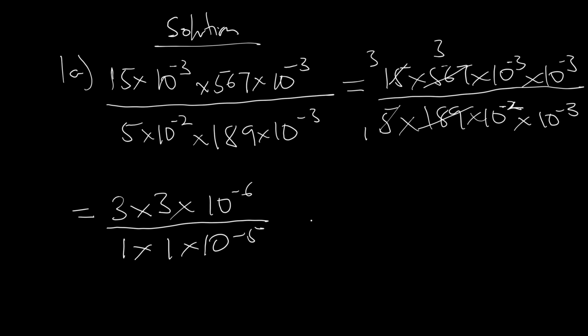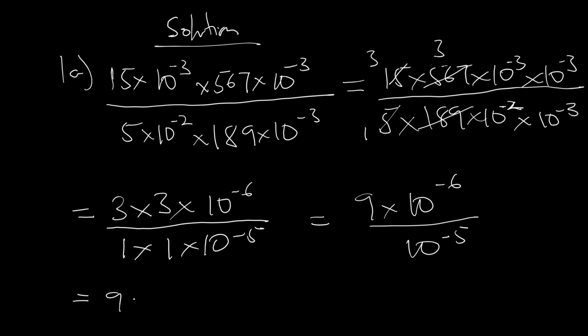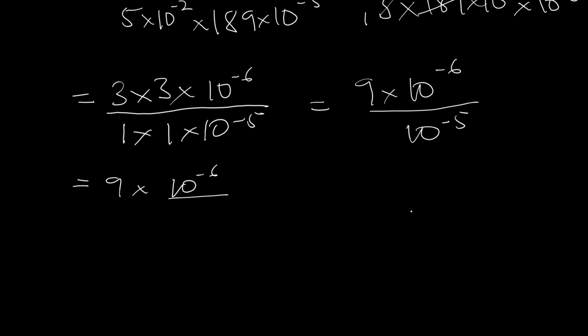Now this whole thing can be written as 9 times 10 raised to the power negative 6 all over 10 raised to the power negative 5. So this will give us 9.